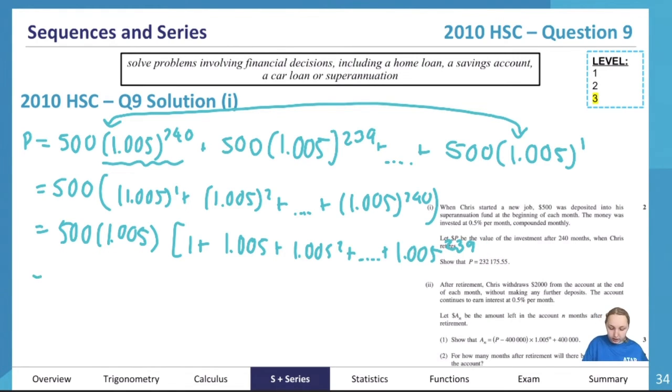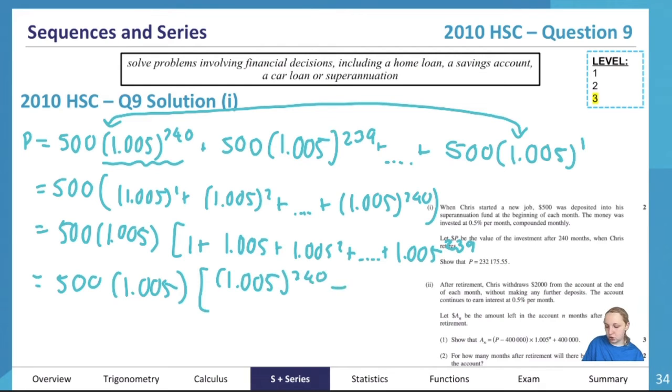From there, we can create a geometric series. So we'll get 500 times 1.005 times 1.005 to the power of 240, which is our number of terms, minus 1, over r minus 1.